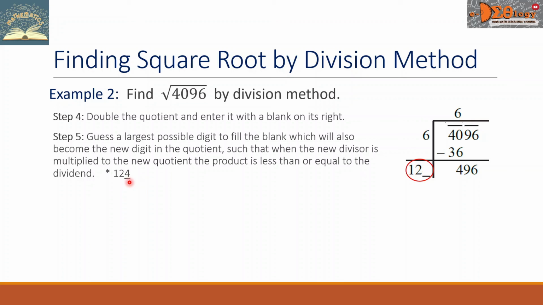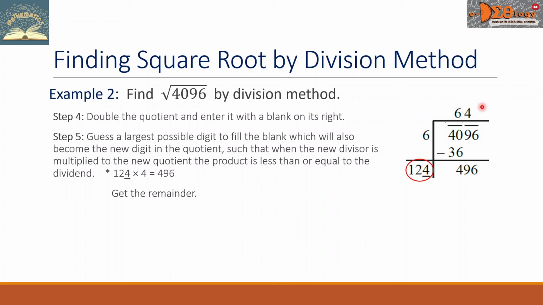Since we write here 4, the 124 is multiplied by 4, and the product is 496, which is equal to the new dividend here. So we write and finalize the digit 4 here. At the same time, one digit 4 is coming after number 6. So the new quotient now is 64.